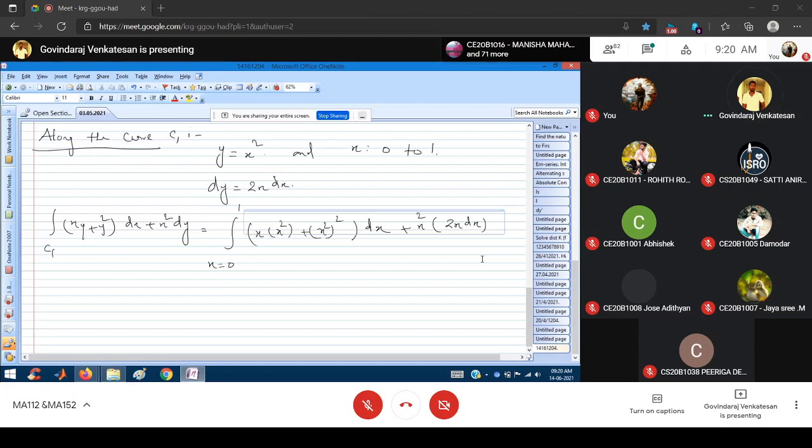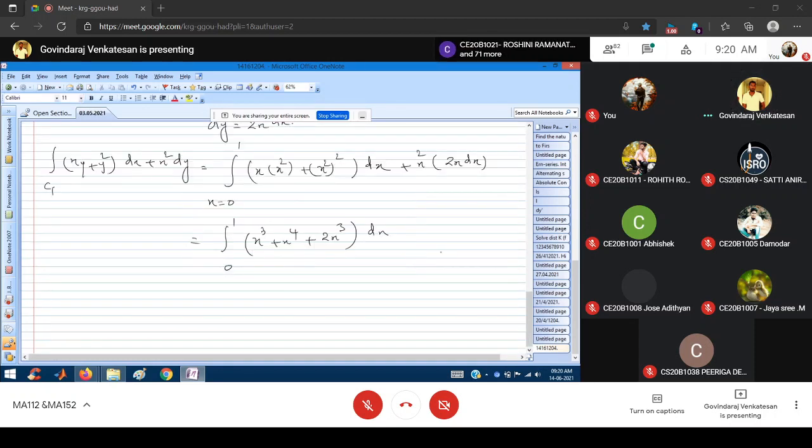Simplify this, you get the integral from 0 to 1 of (x cube plus x power 4 plus 2x cube) into dx. Combined, this will be 3x cube. So you can integrate this: 3x power 4 by 4 plus x power 5 by 5, from 0 to 1.